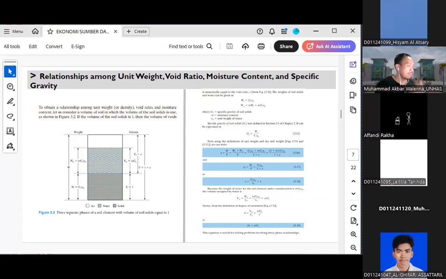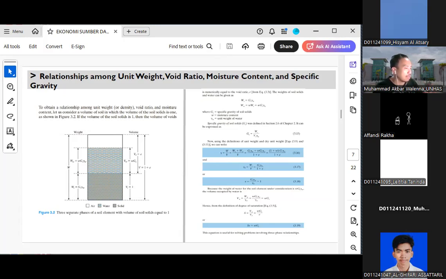The denominator is 1 + e, the void ratio, which represents the total volume of the solids and voids. So the unit weight simply indicates weight over volume.